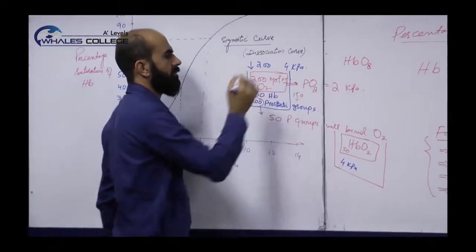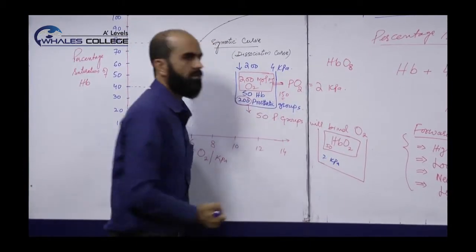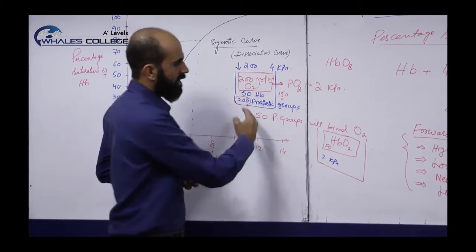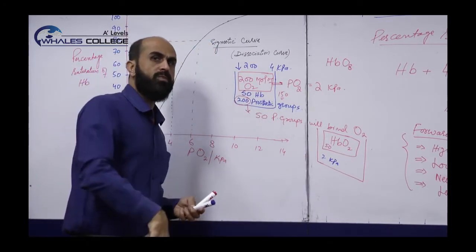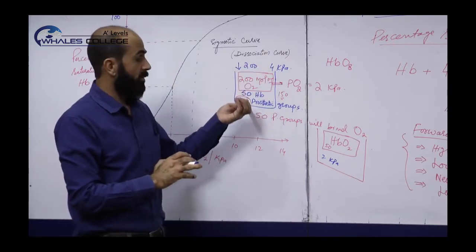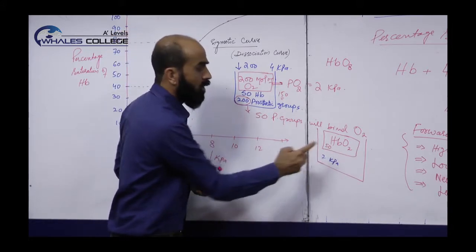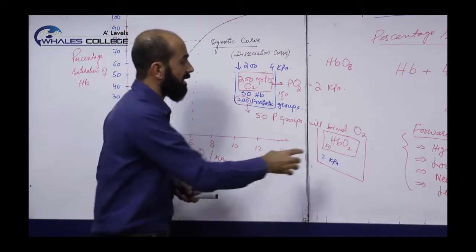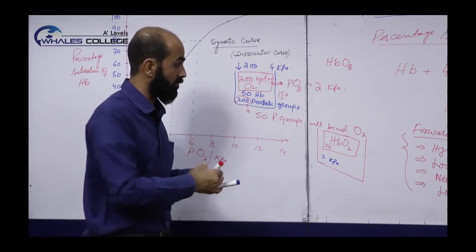If you transfer to another container, then you have to add 2 kilopascal more pressure, and initially 200 molecules more. So surprisingly, this time it will not pick up one oxygen, but each hemoglobin will pick up, in the same time interval, 2 oxygen molecules.